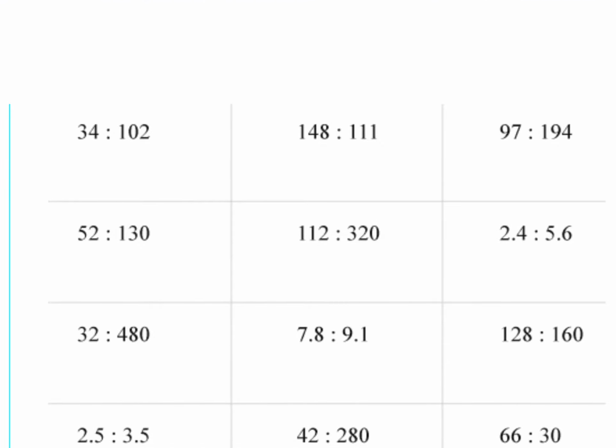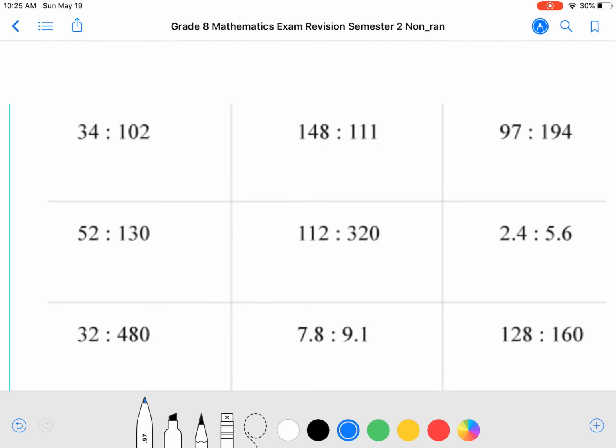When we look at this one over here, we say 34 is to 102. Let's see if we can divide by 2. Can we divide this side by 2 and this side by 2? Definitely. This gives us 17 is to 51.